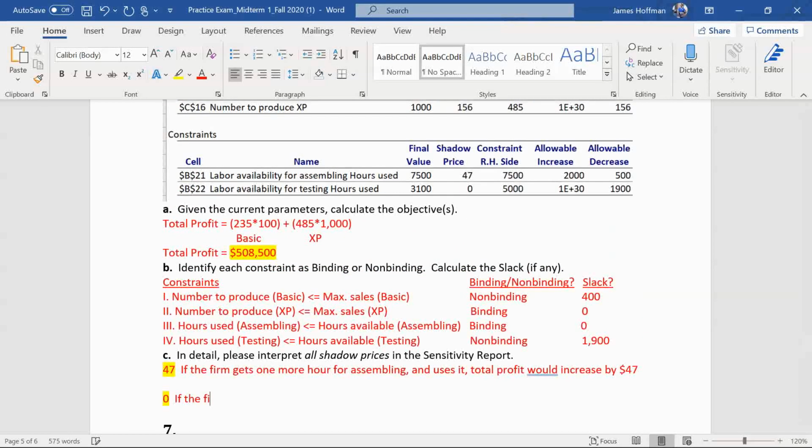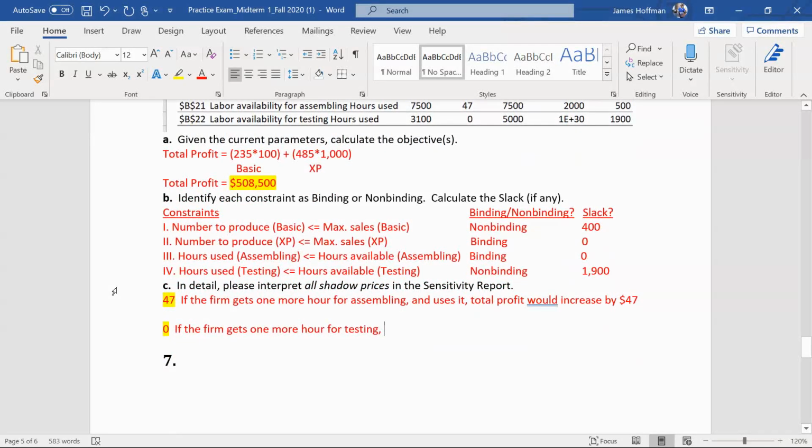So note that the 0 for shadow price means nothing will happen to the objective.